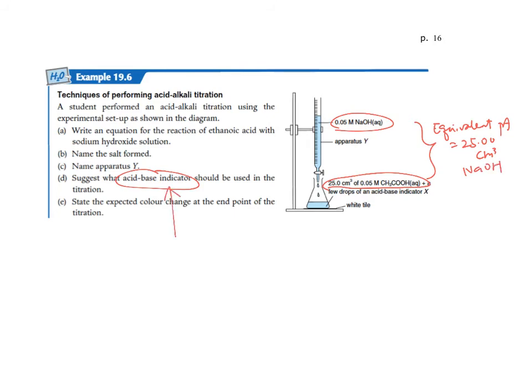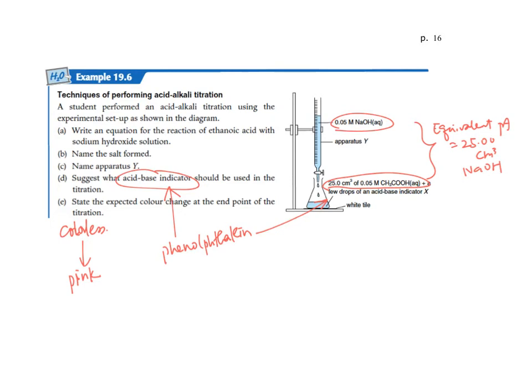The acid-base indicator used in this example should be phenolphthalein. The phenolphthalein in an acidic solution is colorless. When the indicator changes color, this signals that the endpoint is reached.